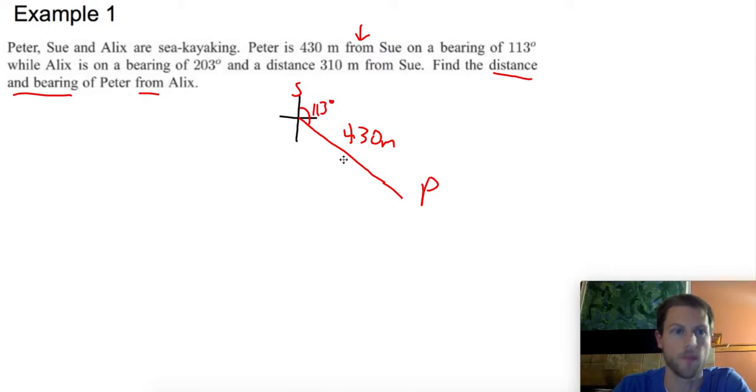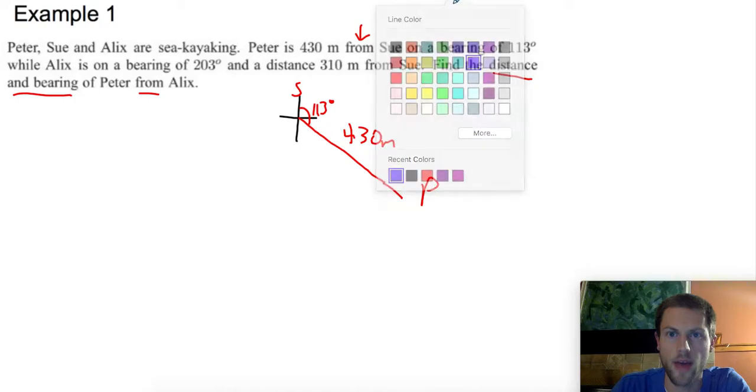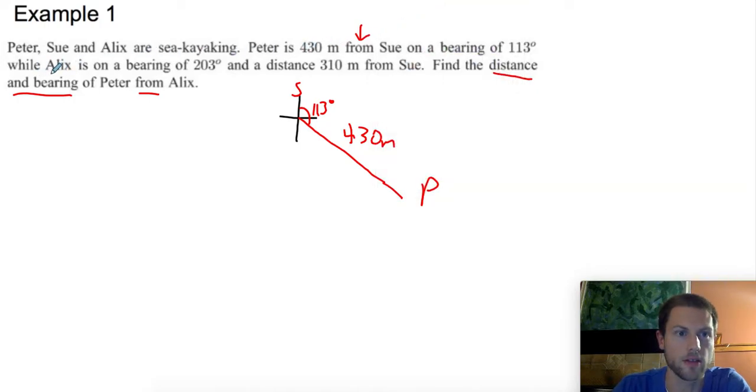That's this bearing. The second bearing, let's go blue here, and we have some information about Alex. Alex is on a bearing of 203 degrees and a distance of 310 from Sue. Again, this is from Sue, so it's all from the frame of reference of Sue. We need a bearing of 203 degrees. This would be 180 halfway around, and another 23 degrees would put me about here.